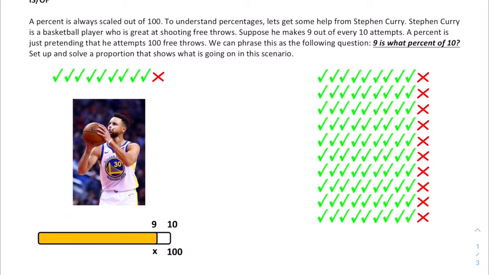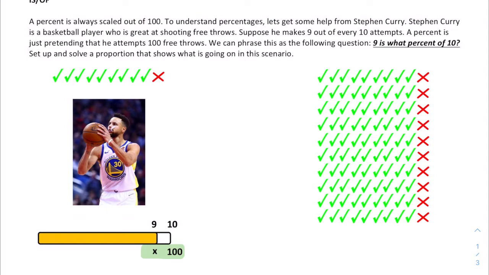So the question is, 9 is what percent of 10? So what we're going to do is set up and solve a proportion that shows what's going on in this scenario. And so we can use this little graphic that's down below the picture. The thing I want to point out is what's underneath the graphic is percent.